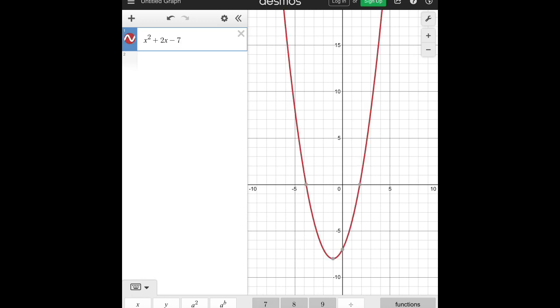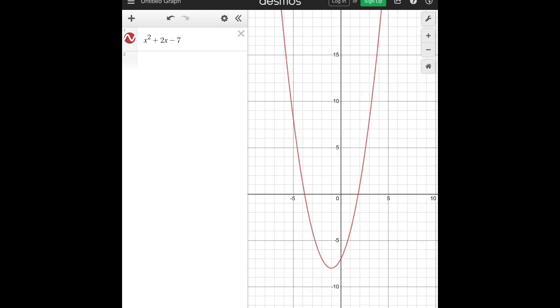This graph is a little bit different. It's not going to let me write on it, so you just have to pay attention to my words. Here's the vertex. It's the lowest point, so it's the minimum, and the point is 1, 8. This point is our y-intercept. It's where it crosses over the y-axis, 0, -7.